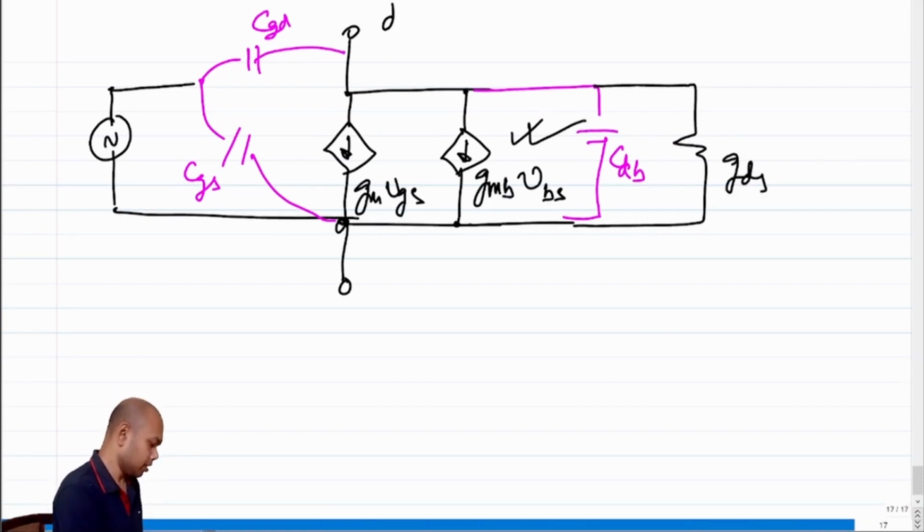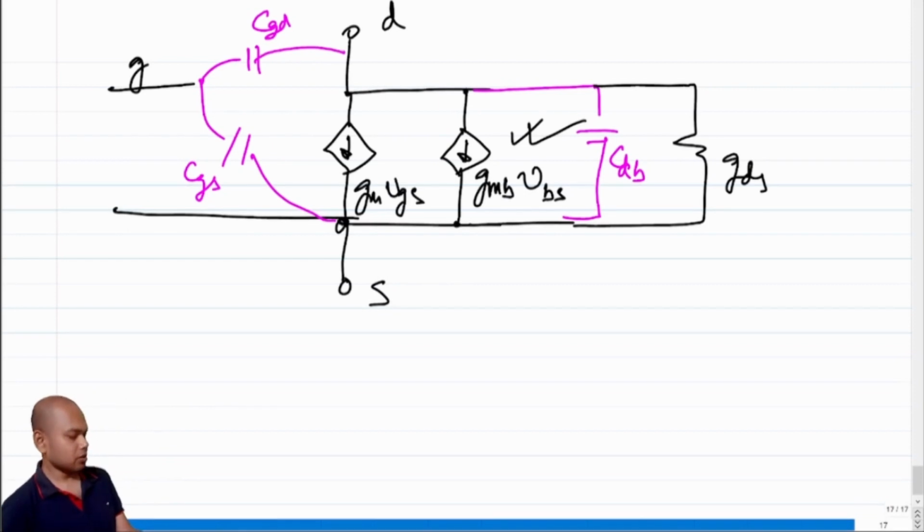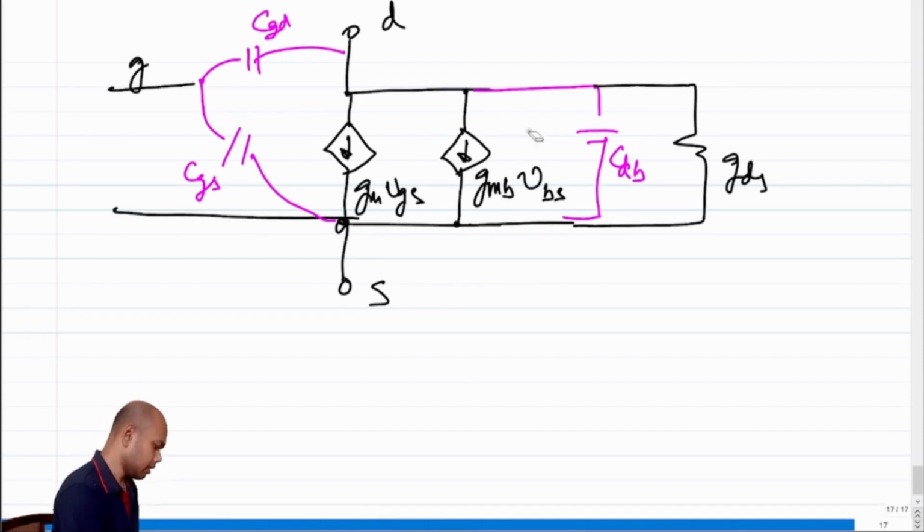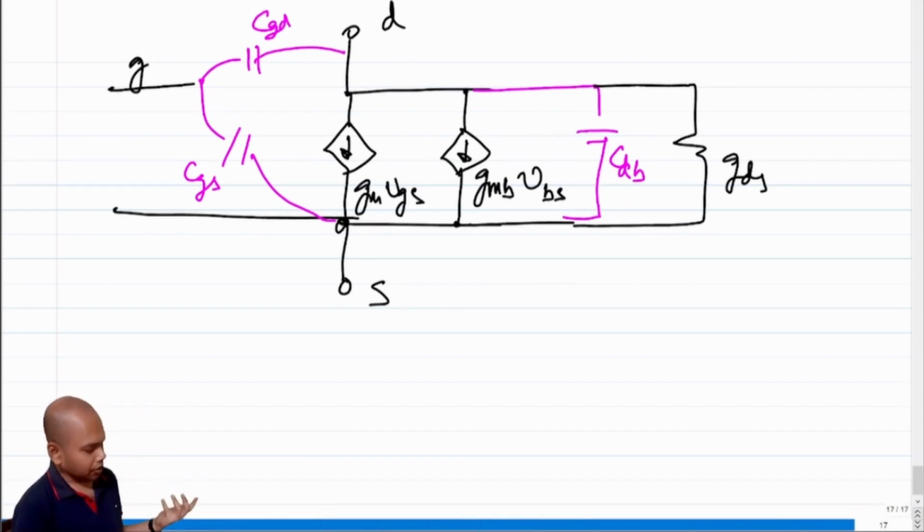So this becomes a drain. I don't need to use this because we are doing only the MOSFET model. This becomes a gate, and this becomes the source, right?